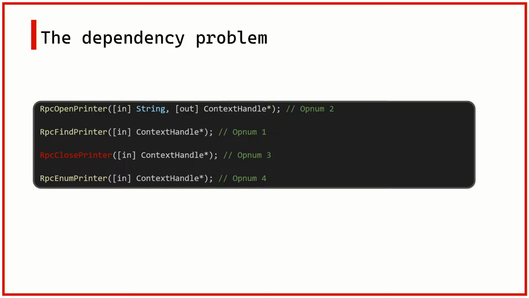Then the last one in this order needs a context handle again, but we closed it, so it's again a null handle. So we also want to put the procedures that close our handle at the end. Then it doesn't matter anymore whether we close it, because no other procedure needs it.